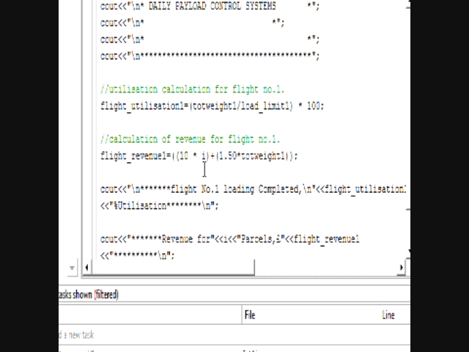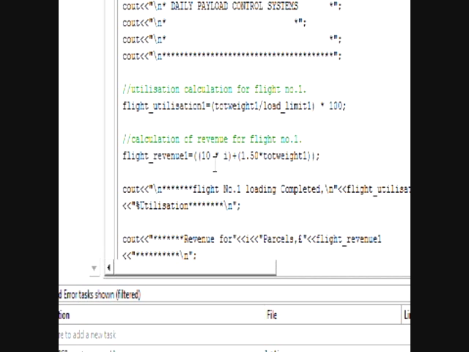The same thing for the average revenue for that particular flight, which is equal to 10 times i, that's the number of parcels, plus 1.50 times the total weight of all the parcels.